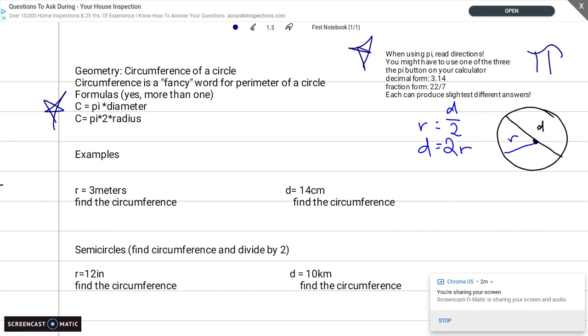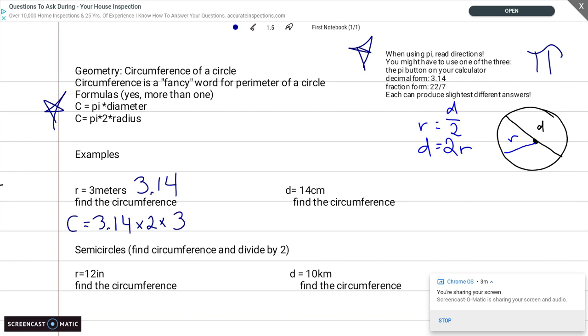Because I'm given a radius, I'm going to use that second formula, and I'm going to use 3.14 as pi for this example. So the circumference equals pi, which is 3.14, times 2 times my radius, in this case 3.